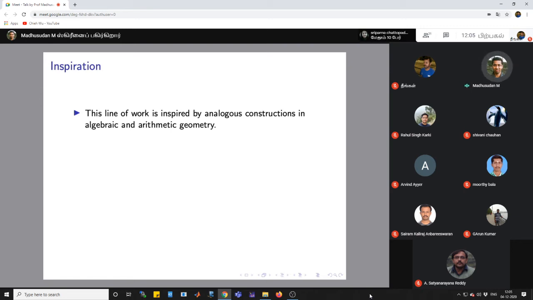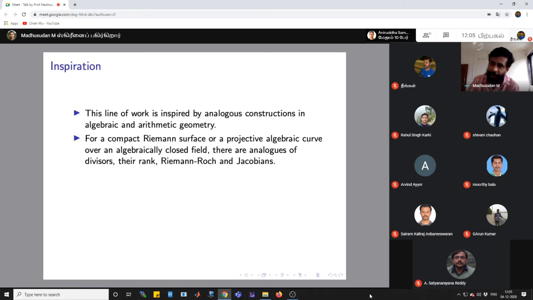In fact, the Riemann-Roch theorem of Baker and Norine was inspired by arithmetic geometry or algebraic geometry. Adding to this, as I said, for a compact Riemann surface or a projective algebraic curve over an algebraically closed field, there are analogs of divisors, their rank, Riemann-Roch, and Jacobians.